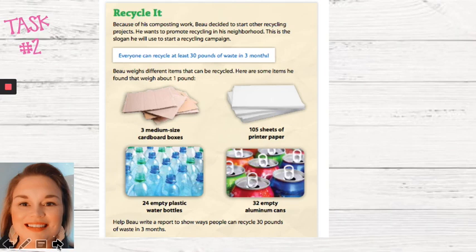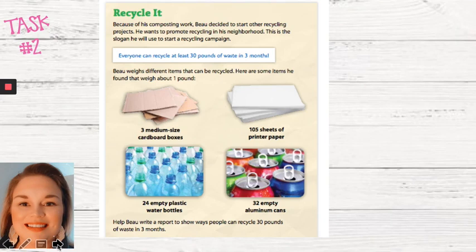Everyone can recycle at least 30 pounds of waste in 3 months. Bo weighs different items that can be recycled. Here are some of the items he found that weigh about 1 pound. So you have cardboard boxes, you have sheets of printer paper, empty plastic water bottles, and empty aluminum cans.